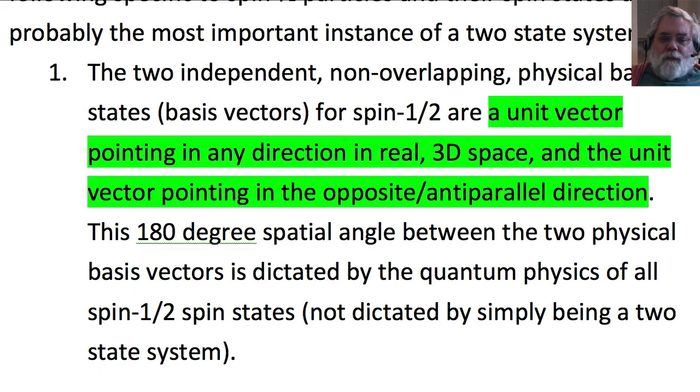This 180-degree spatial angle between the two physical basis states is dictated by the quantum physics of all spin 1/2 spin states, not dictated by simply being a two-state system.